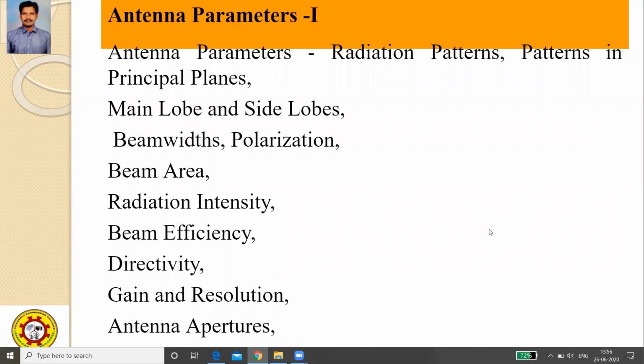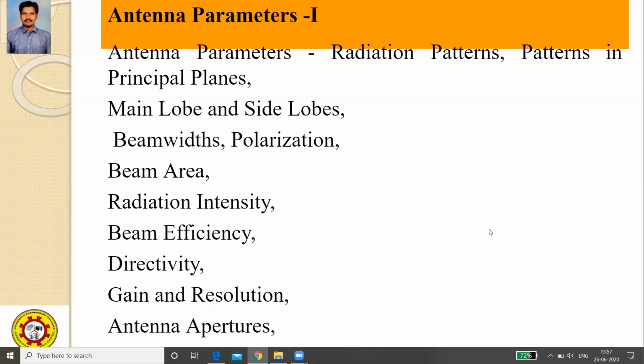So here I am listing the important antenna parameters: radiation pattern, planes, pattern in principal planes, main lobe, side lobe, beam width, polarization, beam area, radiation intensity, beam efficiency, directivity, gain, resolution, antenna aperture, and antenna height.